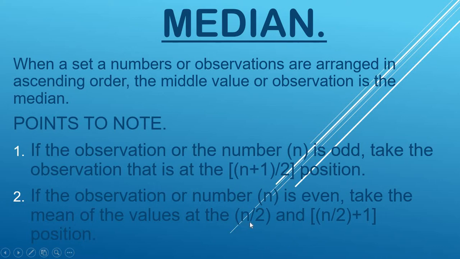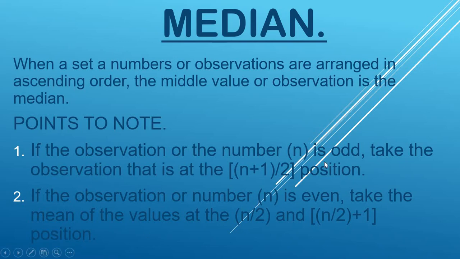Since it is even, you first take the observation at n over 2, and you also take the observation at (n over 2) + 1 position. That means you'll get two numbers, and before you can get the median from them, you need to calculate the mean of the two numbers. It's kind of interesting, right?